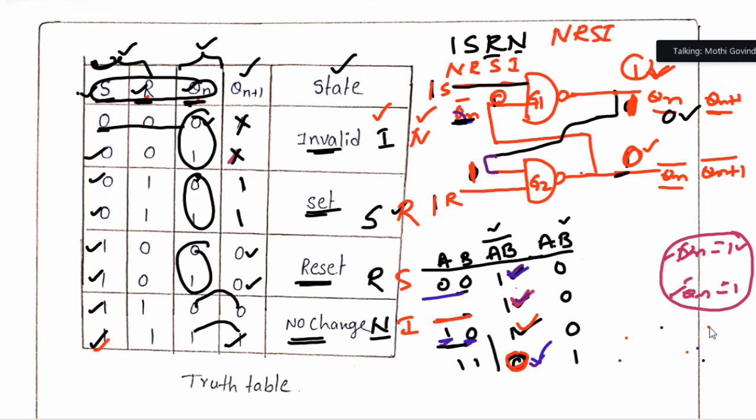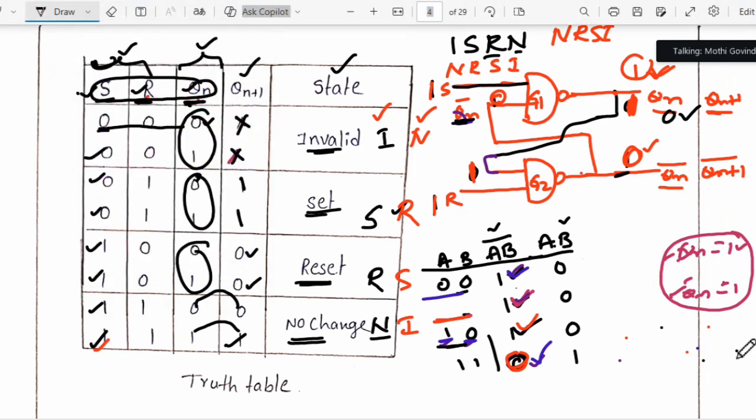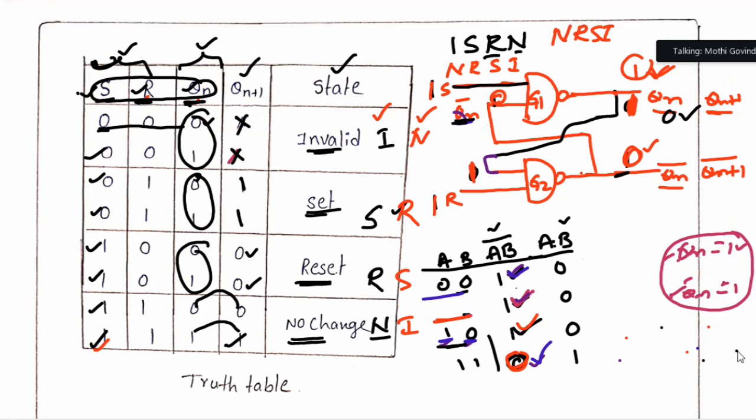If you remember this, then we can easily derive that the SR latch using a NAND gate is opposite to the SR latch using a NOR gate. So here it is reversed.